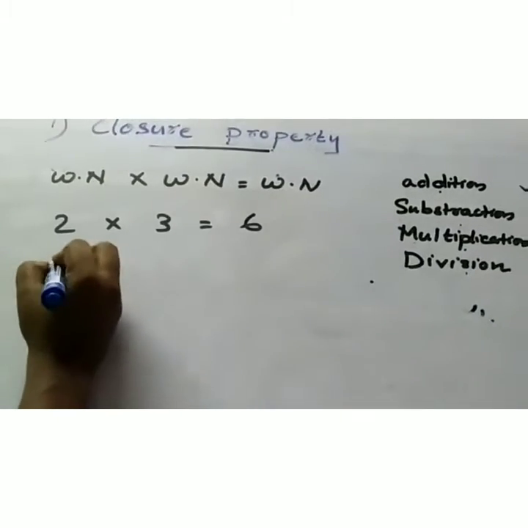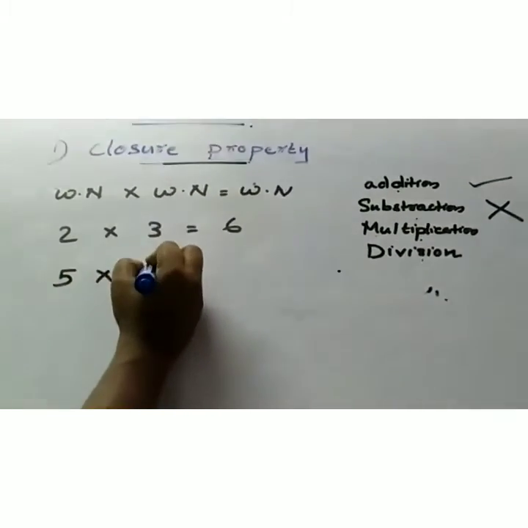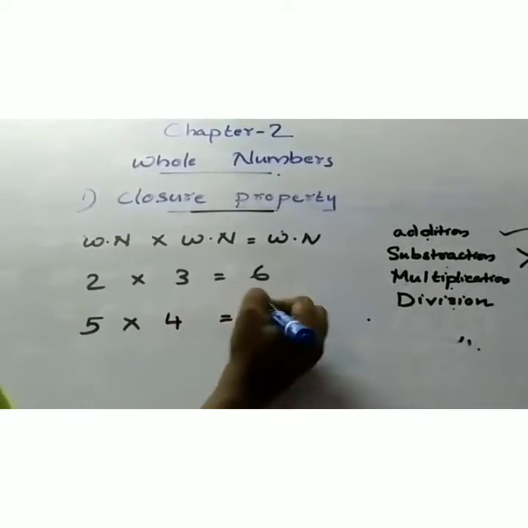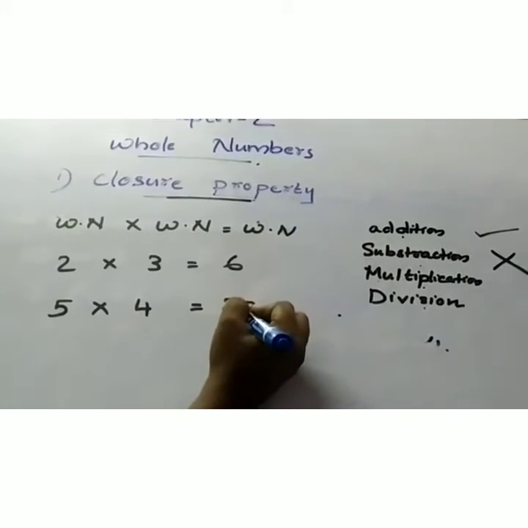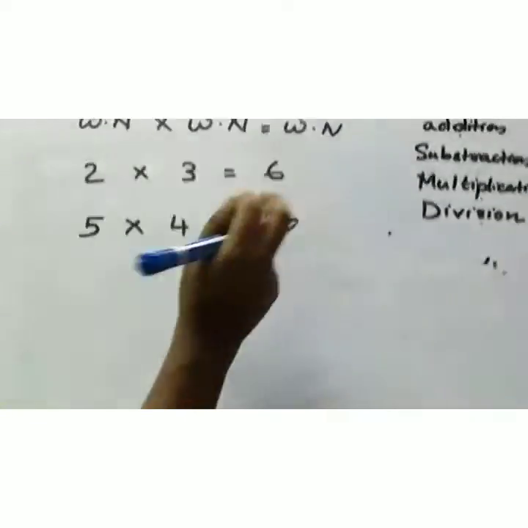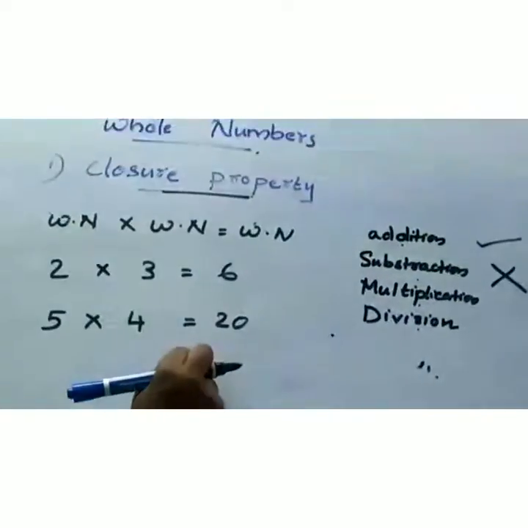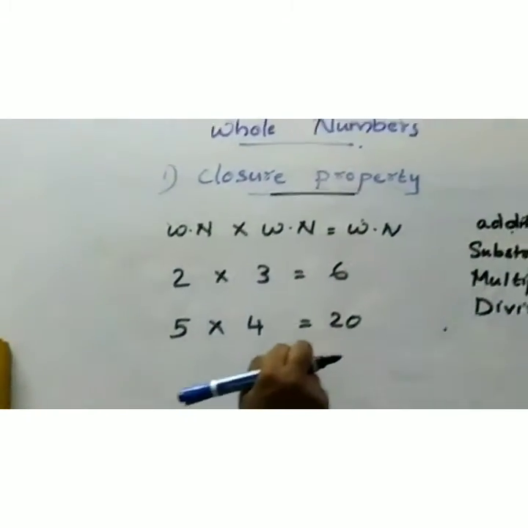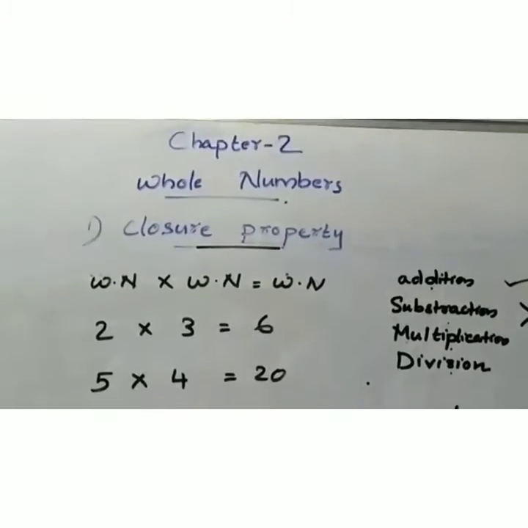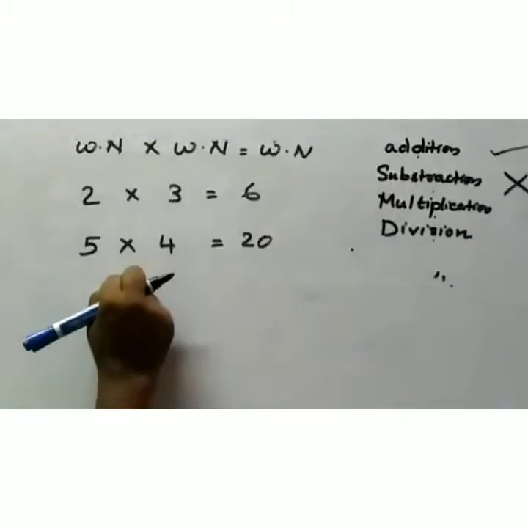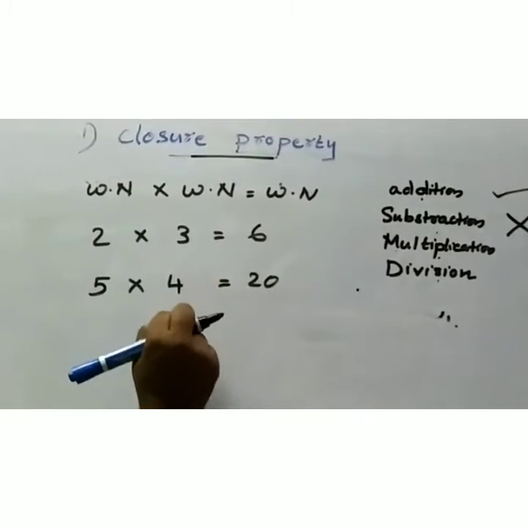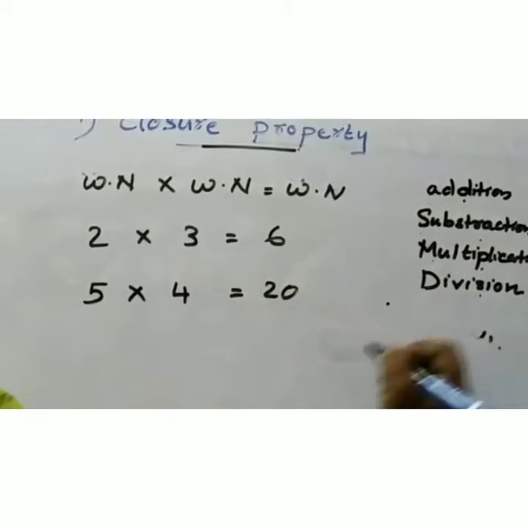One more example, 5 into 4. 5 4s are 20. 5 is a whole number, 4 is a whole number, the answer 20 is a whole number. We say that the system of whole numbers is closed under multiplication.